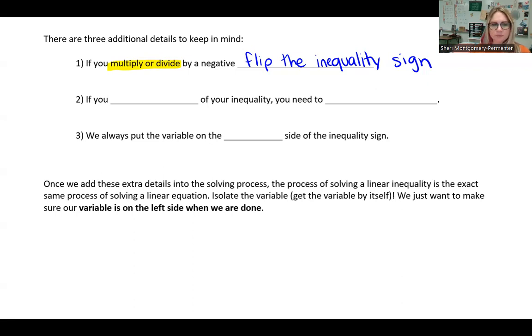So if you have variables on both sides of your inequality, you need to get them together on the left.